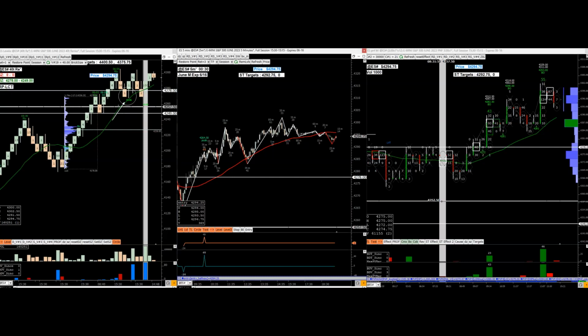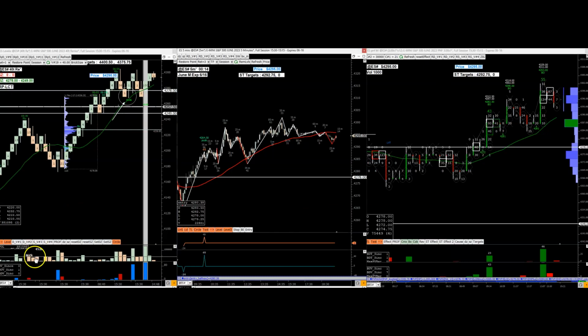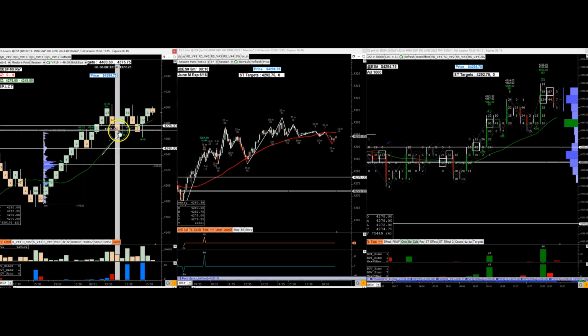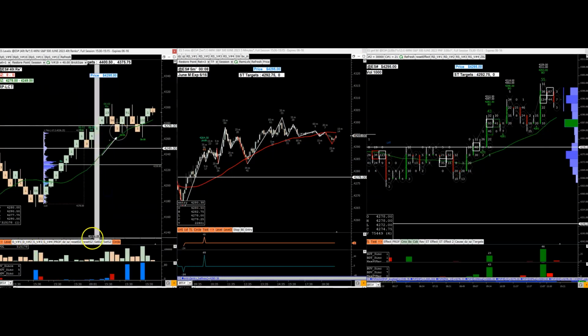This is a tape reading chart. This is what Wyckoff had devised, and I'm just building on exactly what he's talking about in his tape reading.